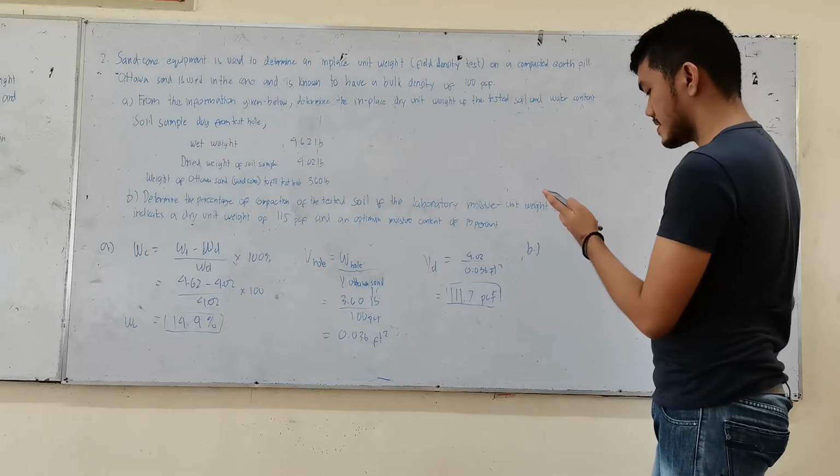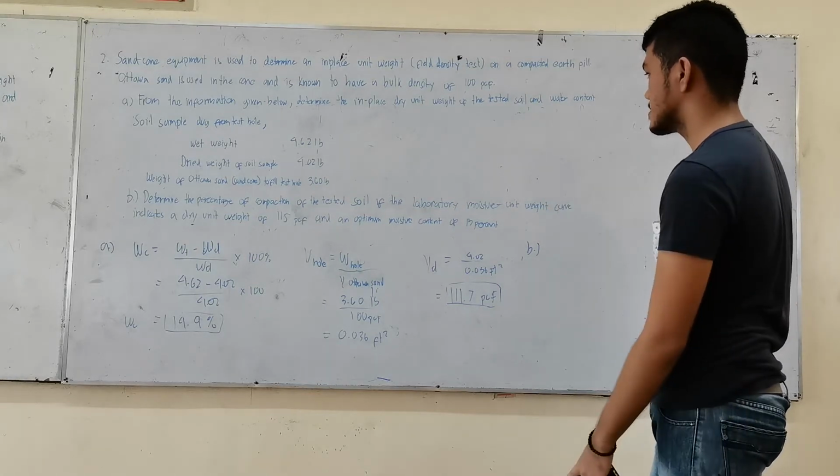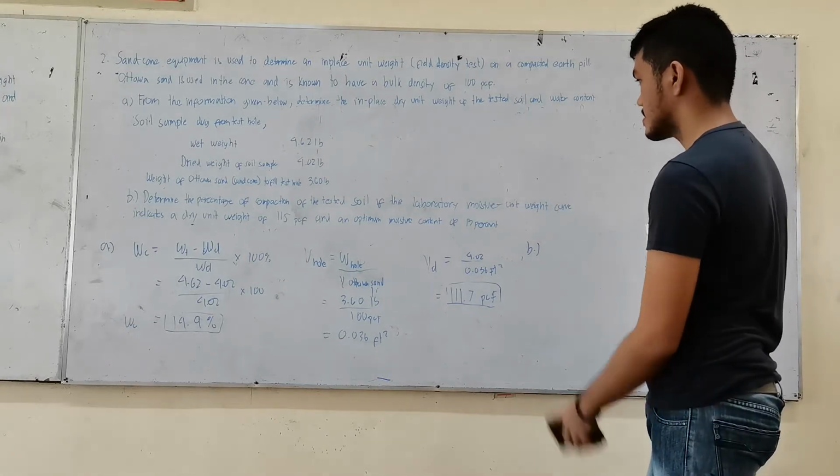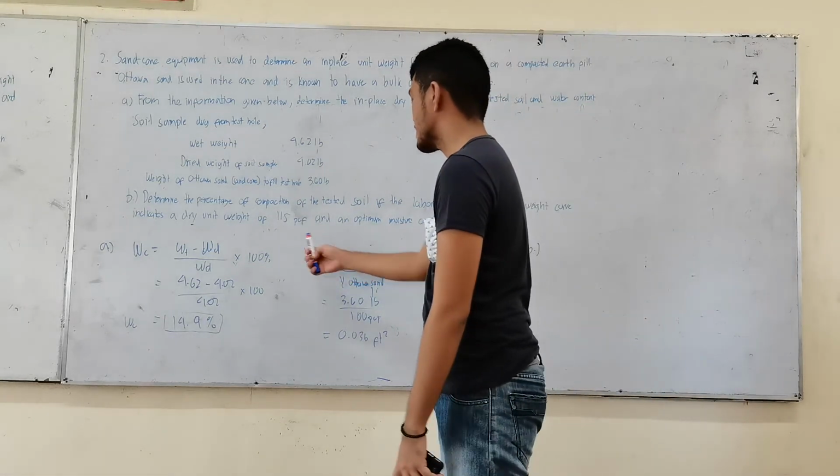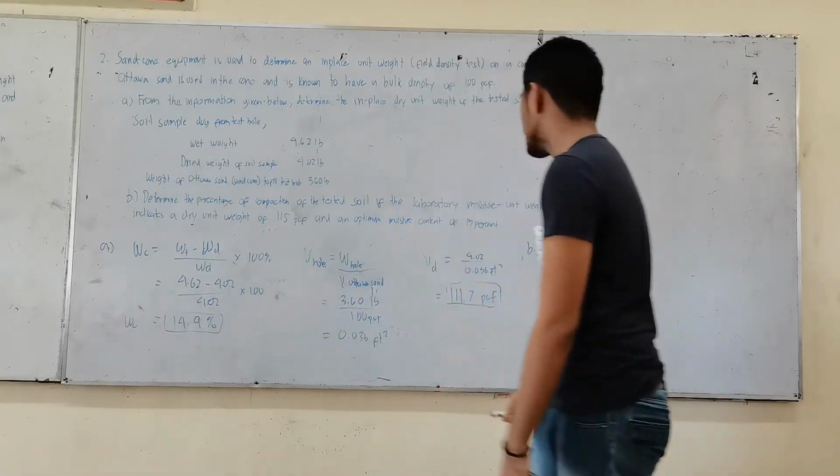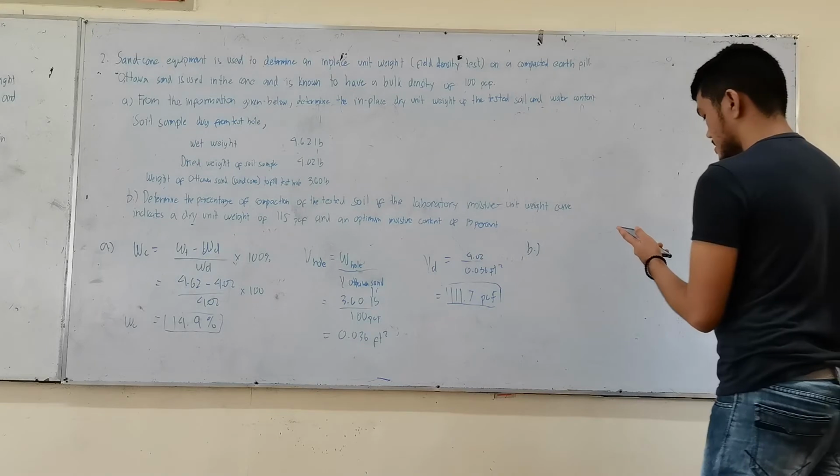We're on to the next problem. We need to find the percent compaction of the tested soil, with a given maximum dry unit weight of 115 PCF and moisture content of 13%.